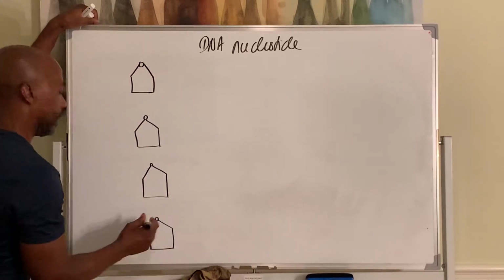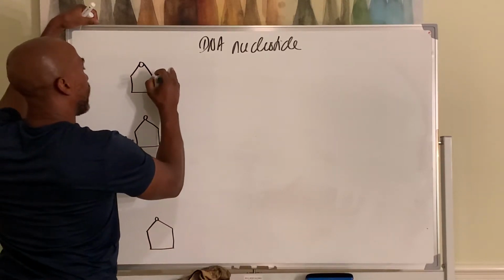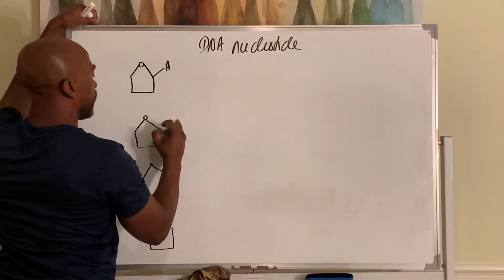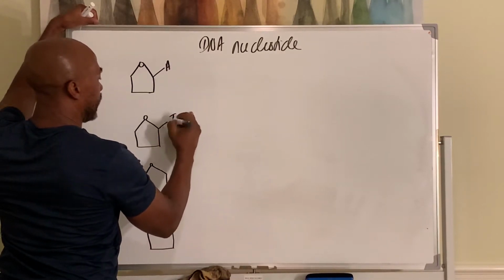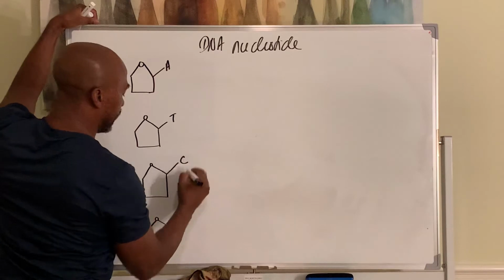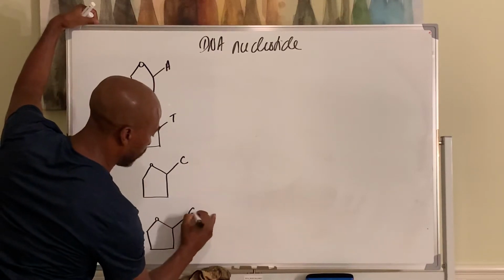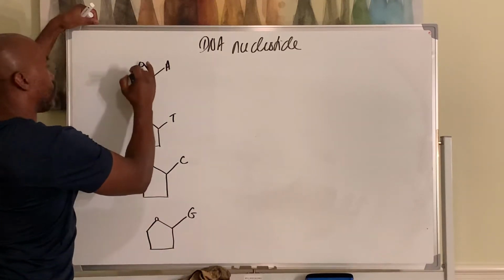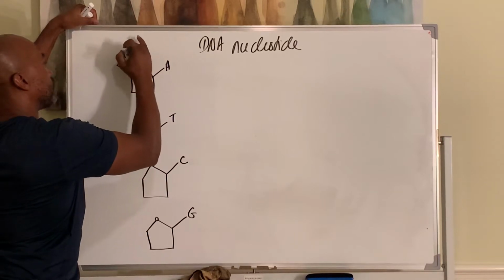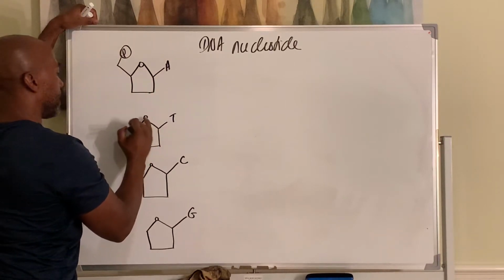Okay, so in this strand of DNA, we're going to have the base can be A here, here it can be T, here it can be C, here it can be G, and the sugar, of course, the number 5 carbon has a phosphate group.